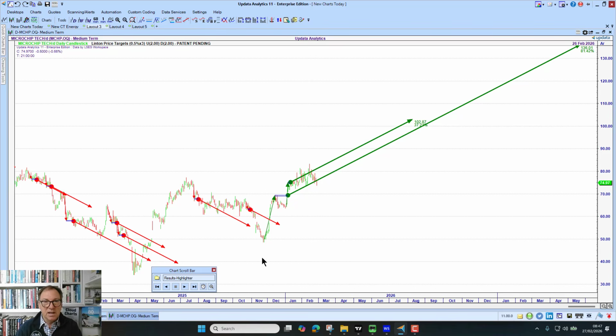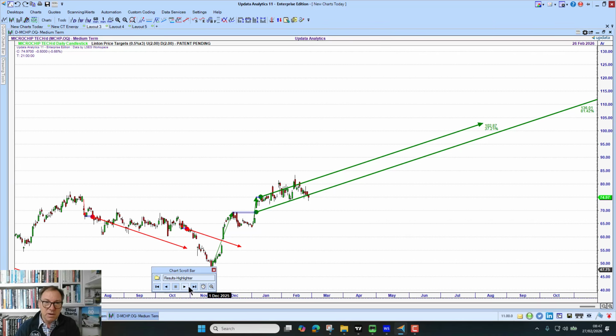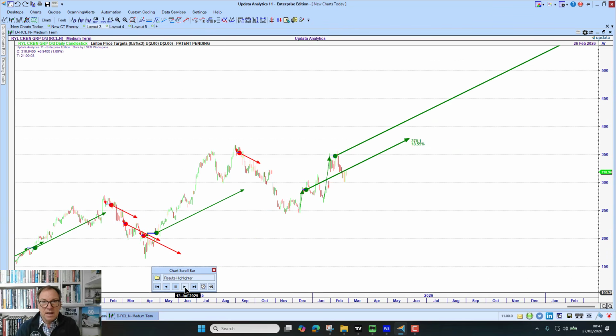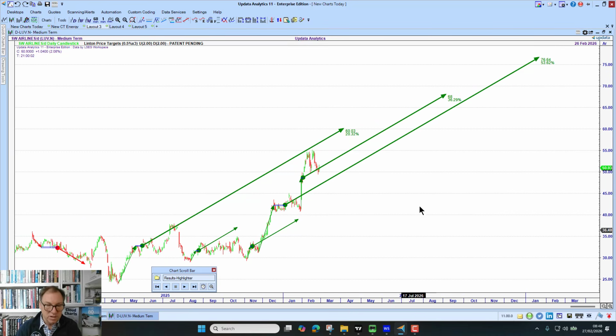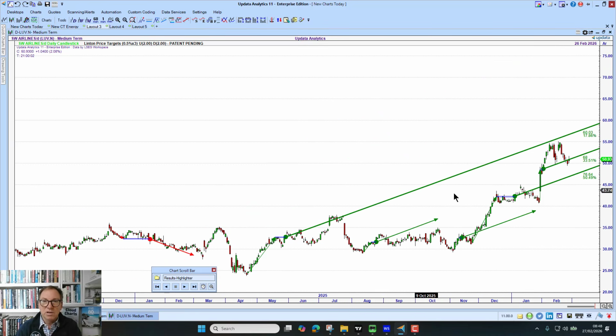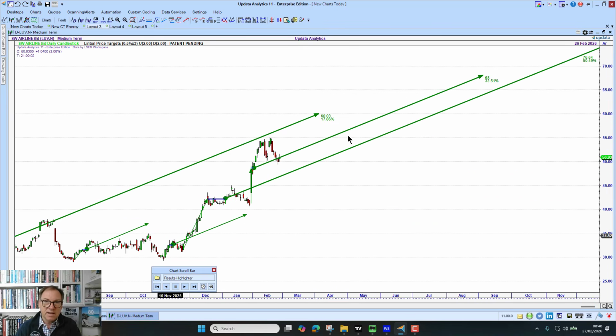So we can see each chart is producing targets, and the slope here is the standard 2. That's what I like to use, and we can see here upside targets. That one looks really good. This is why you've got to eyeball the targets, because you want to see multiple thrusts, and that's a really good example, eyeballing the charts.